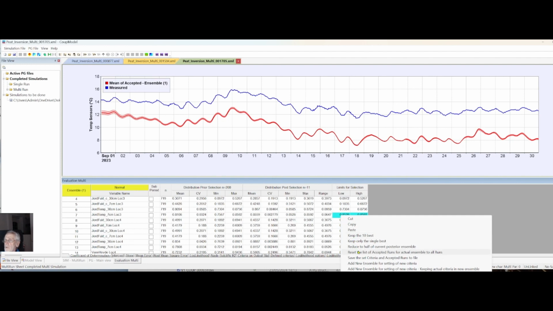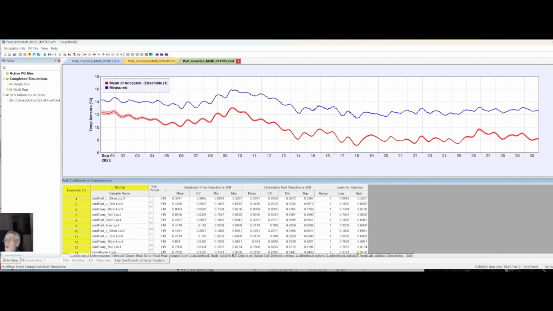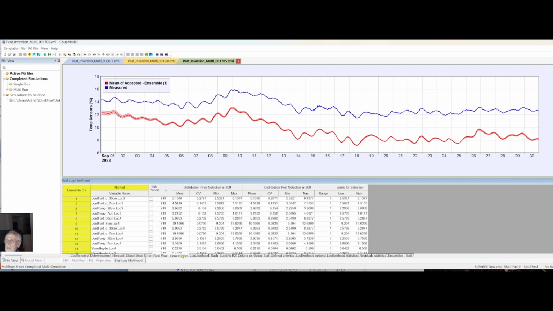And then I can redo this, and I can first reset, so I have all runs, and then we could try another indicator. For instance, we can take the mean error, and then we see that the mean error is given here.